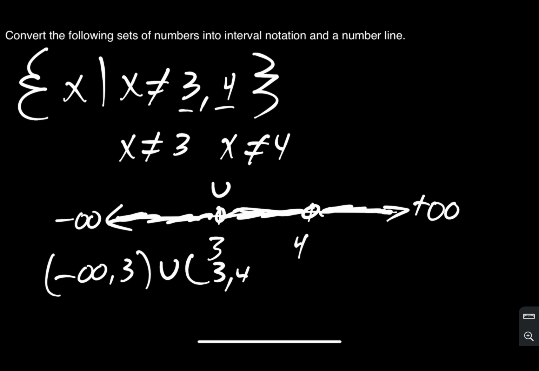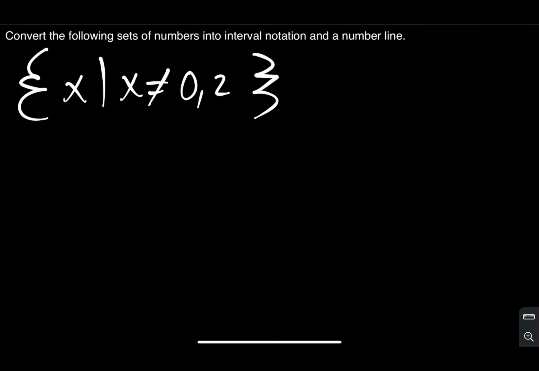So we represent 3 with a parentheses like we did before. And 4 also has a hollow point, so we represent that with a parentheses. Now, we have a gap at 4, so we have to use the union symbol. So we use it once more, and then 4, comma, positive infinity. So 4, we represent that with a parentheses like we did before, and then infinities always have parentheses. So we use a parentheses there, and that's your answer.